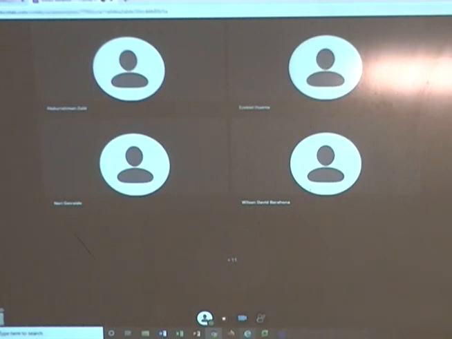I want you to make sure that you read those 2 articles, because they will help you. Hopefully some of my examples have helped, but those will also help you to visualize how you use this information. There's no point in having the info and not using it. The whole point of coming to class is to gain more information that will make you a better teacher, better coach, better trainer, whatever you want to be. So make sure that you read those. They will help you think about how to apply the material from chapter 3.